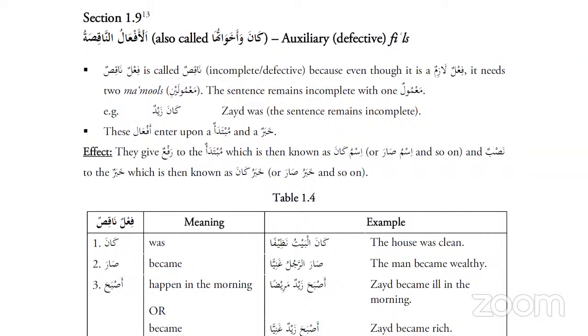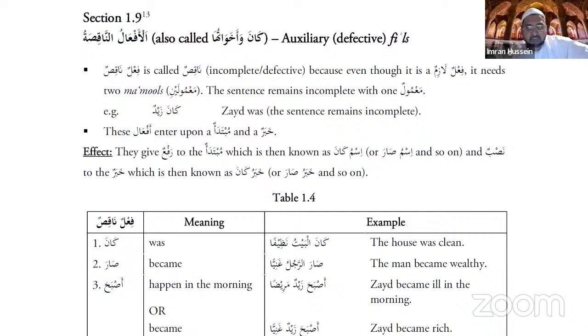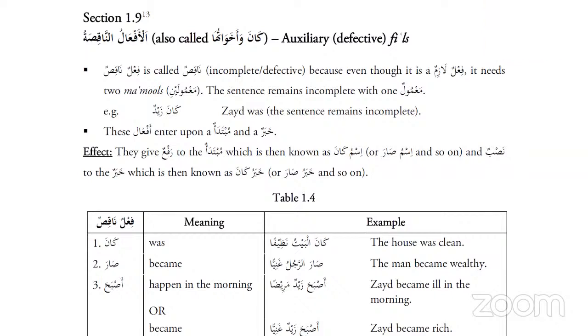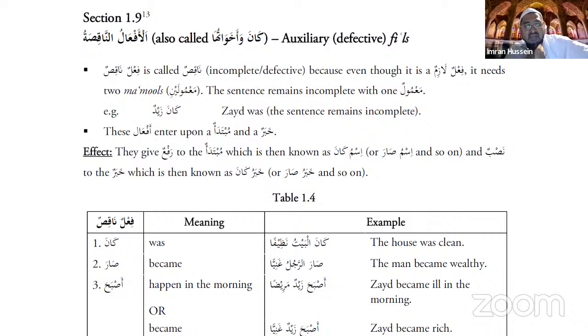Yes. So the way of knowing a transitive and an intransitive verb: if you put the word him after it, and it completes the meaning, then you know it is fi'l muta'addi. And if it does not make sense, it's fi'l lazim.